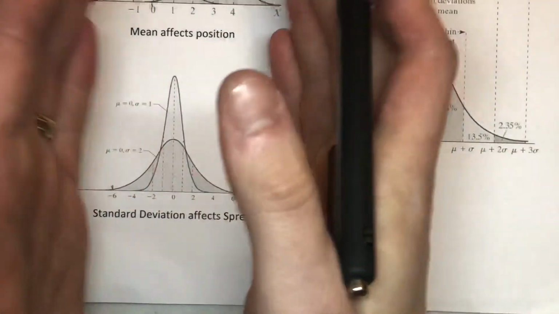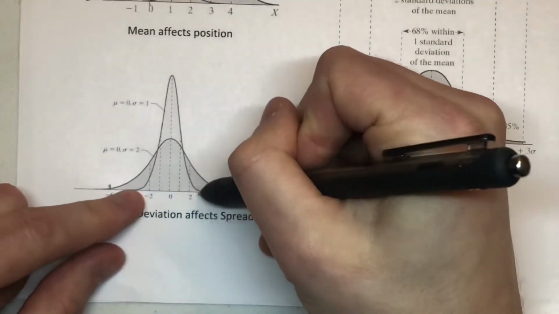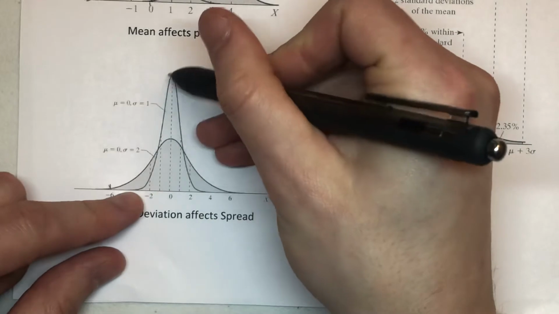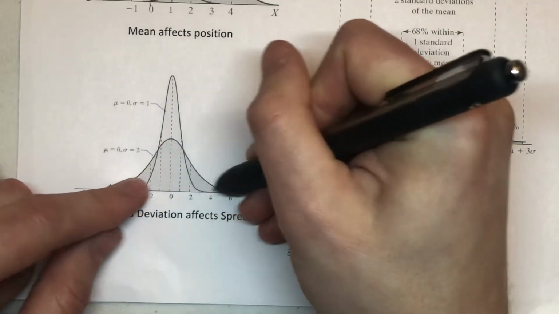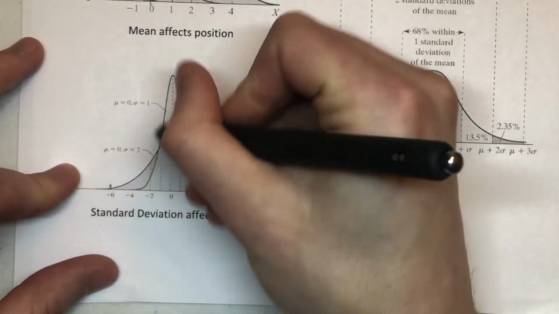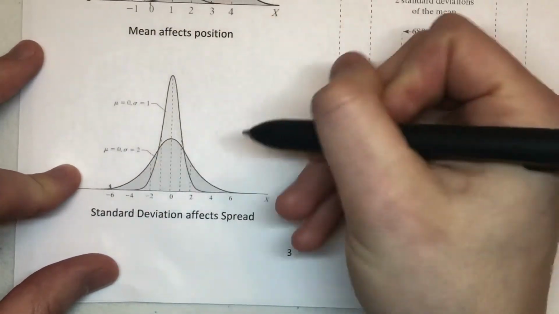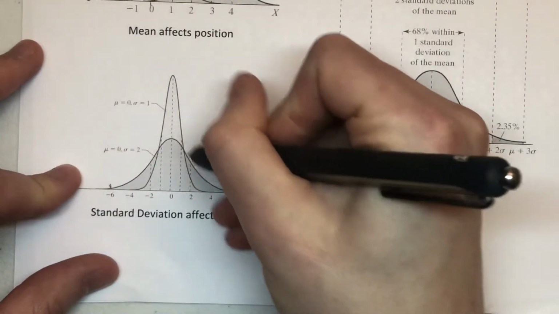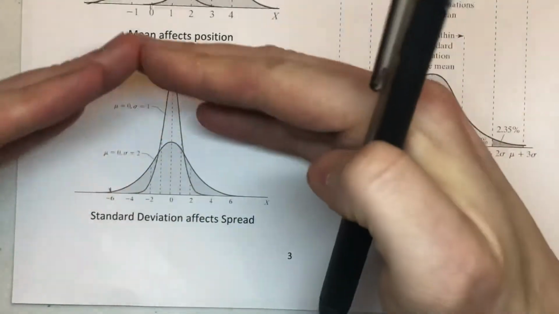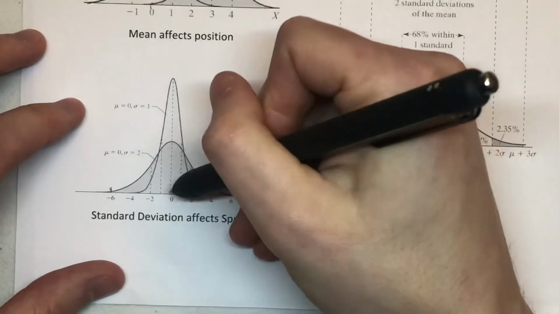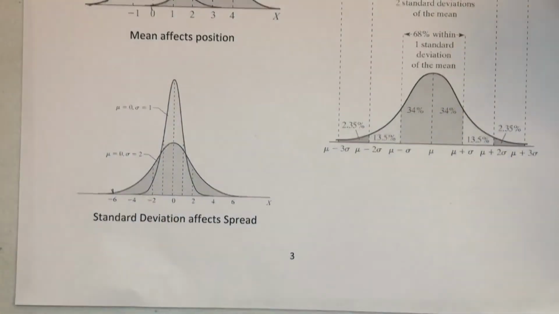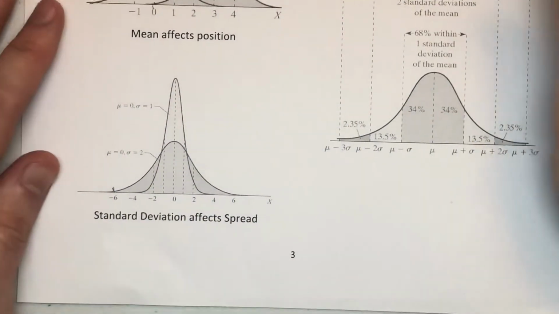Here you're cramming all those data values between plus and minus 3. So you're going to have a lot more of them here than you will in that same range if you're spread out. We're saying the area of this figure is the same as the area of this figure, right? If you spread it out, it's like you're flattening it. You've got to spread it out over more area, so it can't be as tall if you were talking about the same area underneath both those curves.